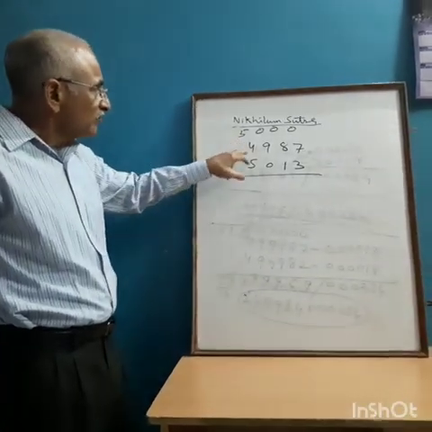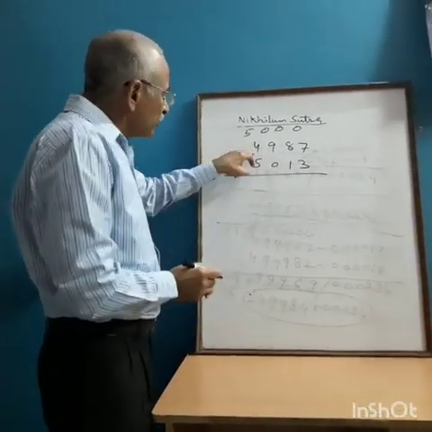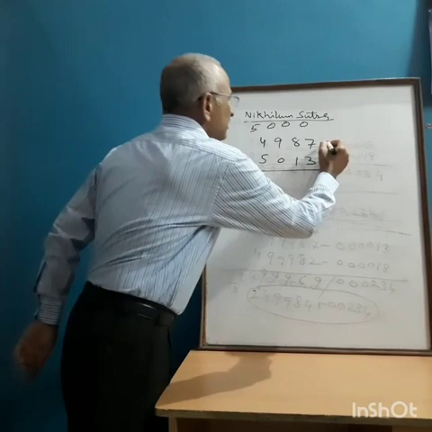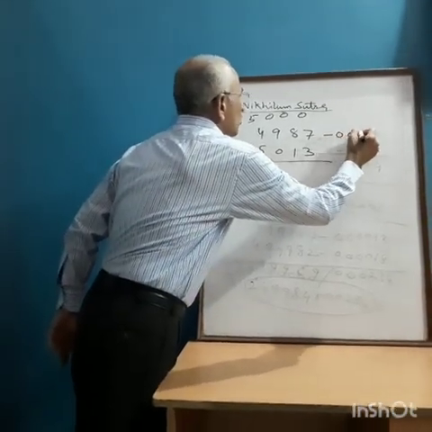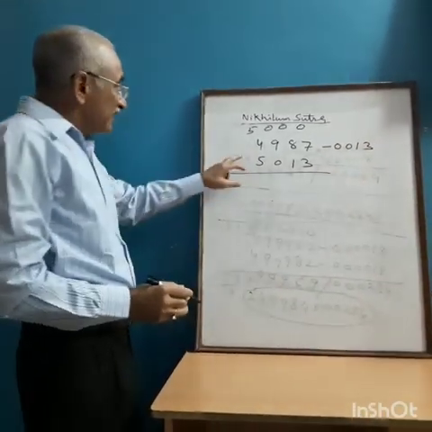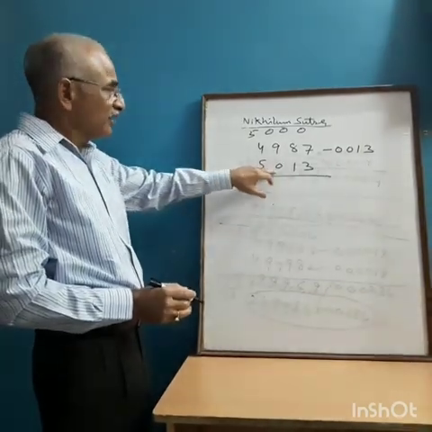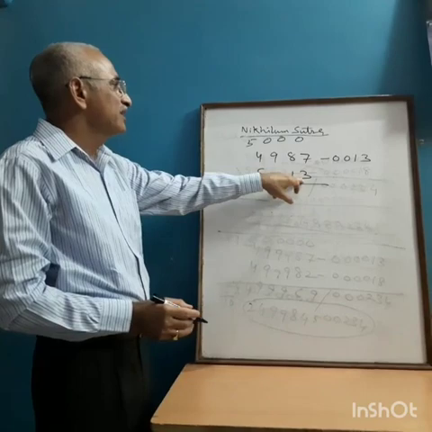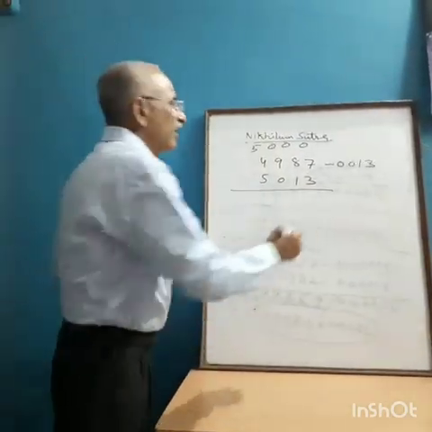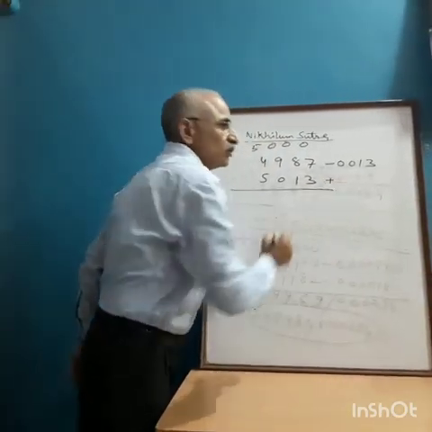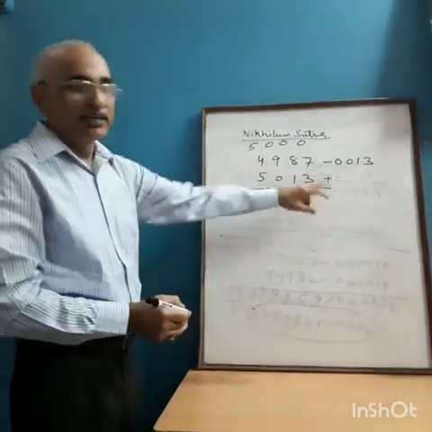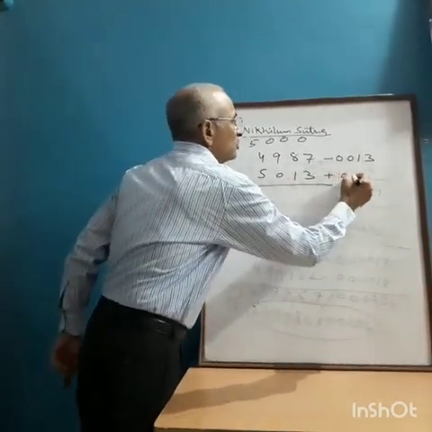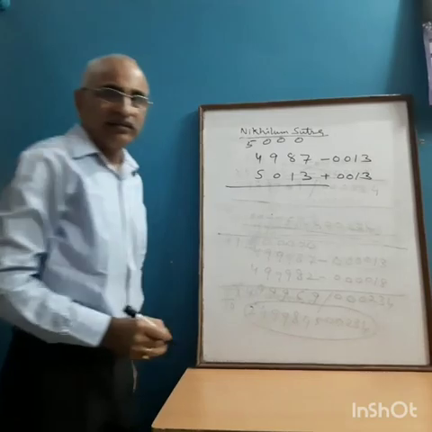Now taking this base number, when you subtract, what do you get? 0013. But here, since this 5013 is greater than the base number, in place of minus, you have to write it with a plus sign, and in that case 0013 will be there.